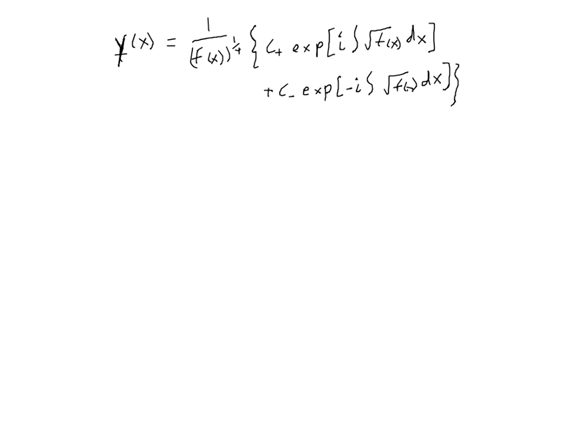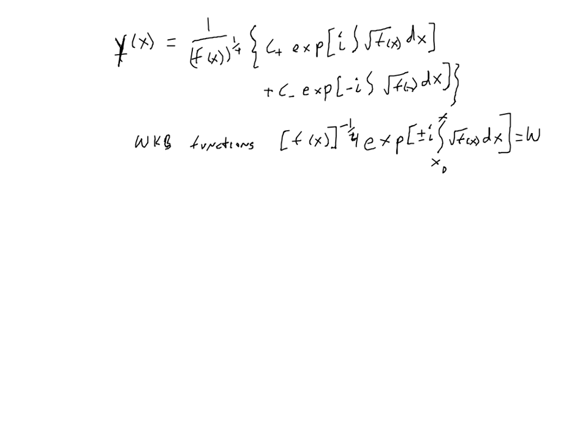So the reason why they call this a WKB approximation is because the WKB functions are this f of x to the minus 1/4 times the exponential terms. And these are integrated from x0 to x of square root of f of x dx.